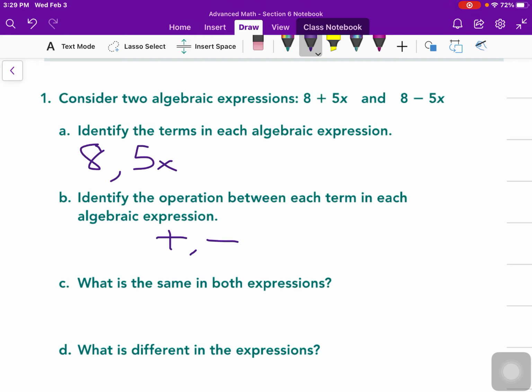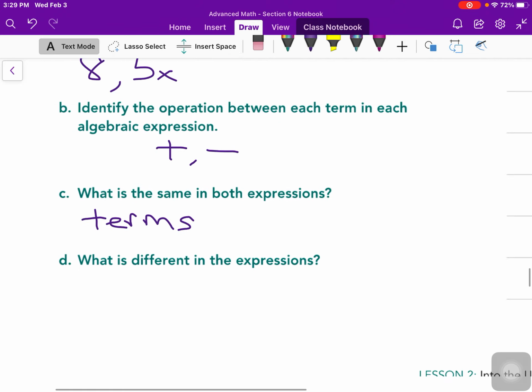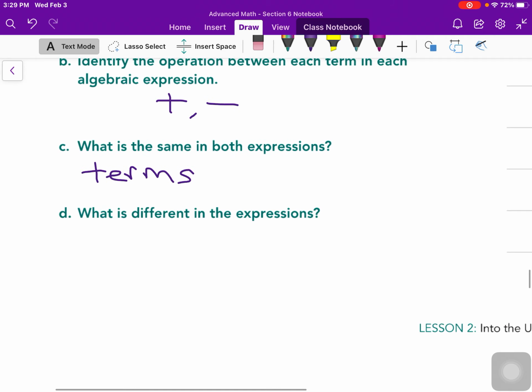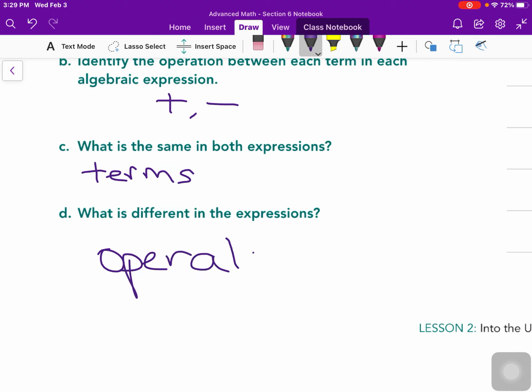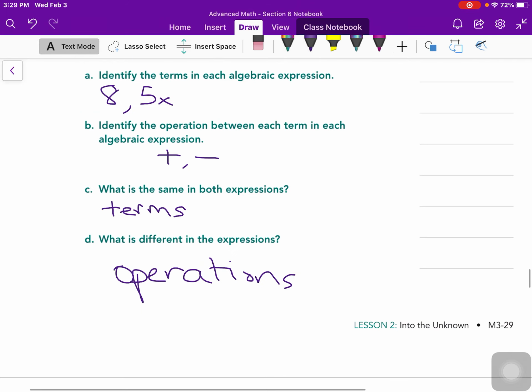What is the same in both expressions? Well, they both have the exact same terms. And what is different? Well, the operations are different in each one, because one's adding and one's subtracting.